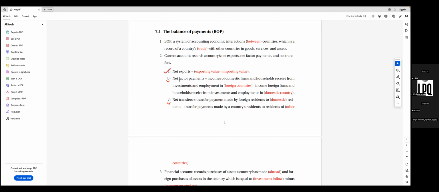Okay, so the second reason is net factor payment. Let's imagine one situation: you are Canadians. Legally speaking, your nationality is Canadian.